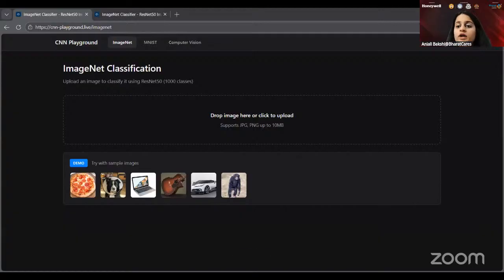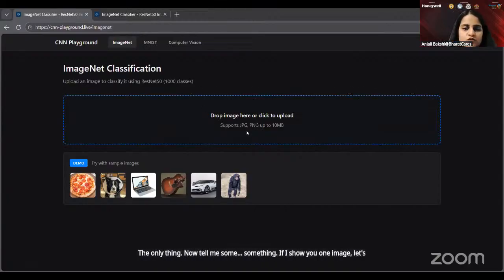Done, done, done. Okay, so if you remember the previous sessions, we did one activity of detecting a bird and a dog, in which the classification was only done that if the image we are entering is a dog or not, bird or not. That was the only thing. Now tell me something. If I show you one image, let's take one image from here.